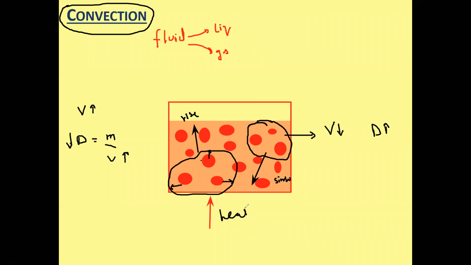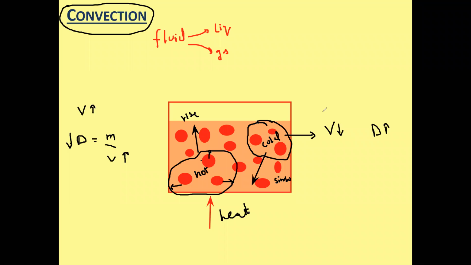We can use an electrical heater. So the particles which absorb energy and rise are hot, energetic particles, and the particles which sink have low energy, or they are cold particles. So hot, energetic particles always rise up, and cold, less energetic particles will move down.